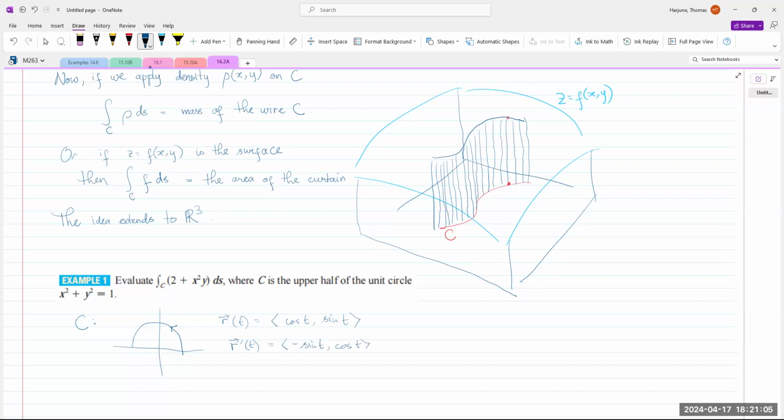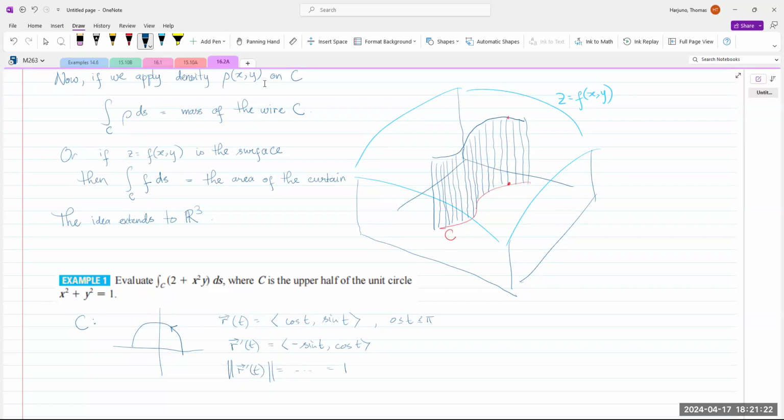I forgot the limit of t: t goes from 0 to pi. The magnitude of r'(t) equals 1.